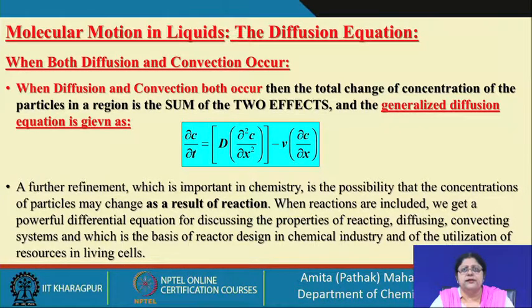In the next class, since we are almost at the end of molecular motions in liquid, we will take up the fundamental parameters which we discussed in the kinetic theory of gases, and how they can be used to find the values of D, the diffusion coefficient, the thermal coefficient and the viscosity coefficient. Thank you so much.